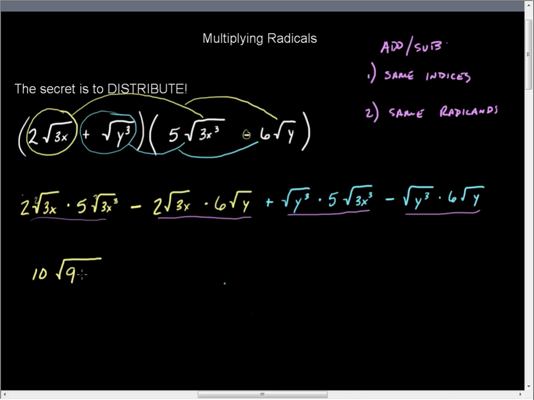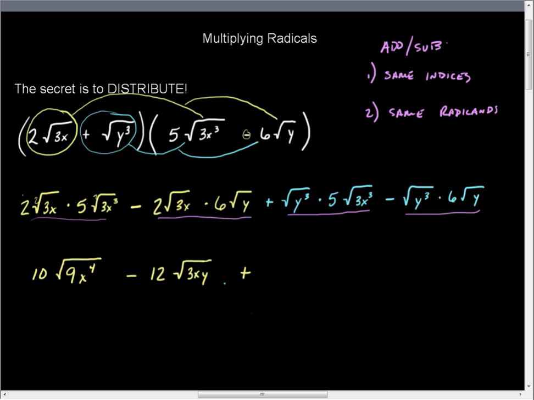That gives us 9x to the 4th. I have 1x here, 3x cubed here, gives me 4 x's multiplying total. On the next term, 2 times 6 is 12. Now, since they are the same index, I can go ahead and multiply what's inside. I just can't do much more than that. Where I could combine the x and the x cubed here for x to the 4th, x and y don't combine like that.